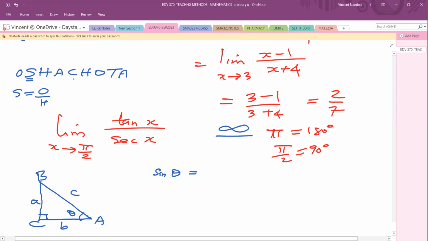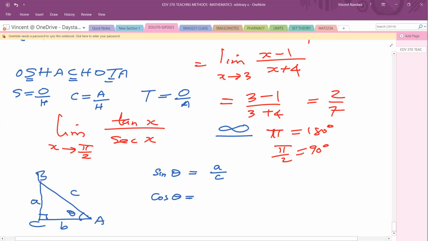Okay? And then cosine ni adjacent over hypotenuse. And then tangent ni opposite over adjacent. Okay? Sasa kwa hii triangle, sine theta itakuwa opposite, which is A, over hypotenuse, which is C. And then kuna what we call cosine.